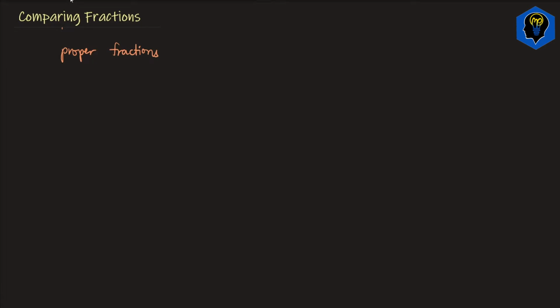So, if you're given proper fractions to compare, let's say we have 2/3 and 1/4. So, this topic is very easy. Lagi ko sinasabi, no, madali lang. But really, this one is easy.